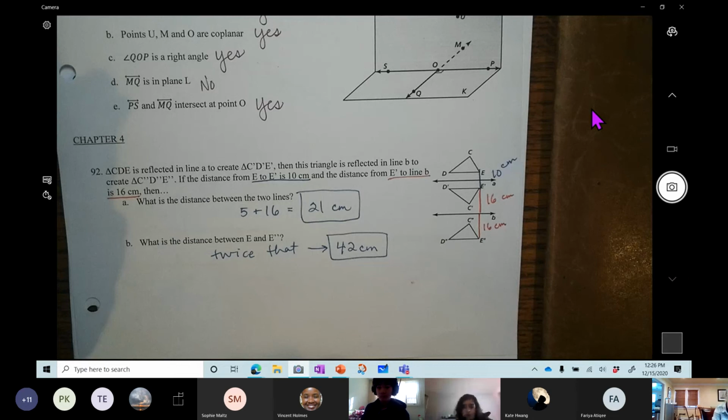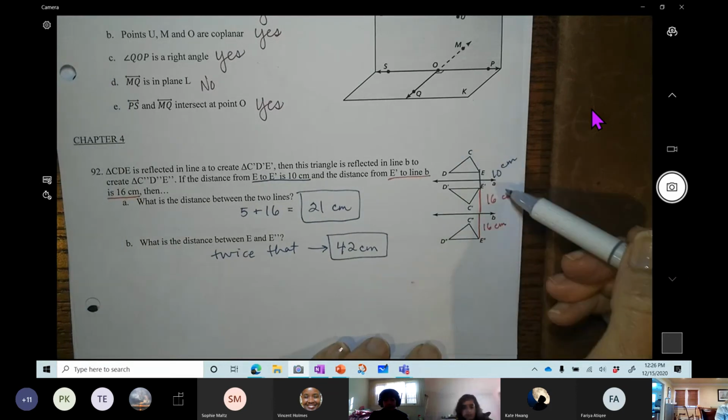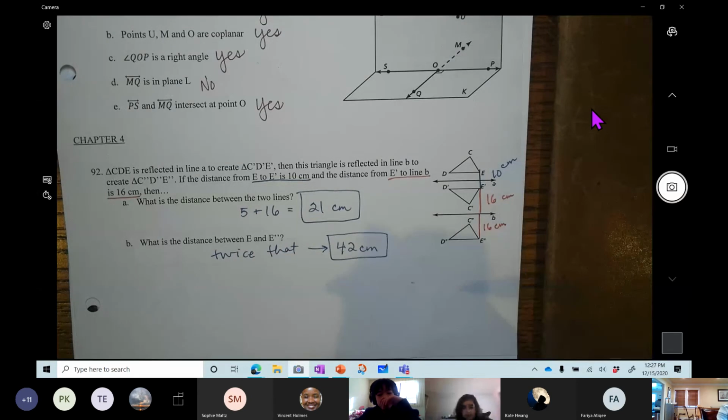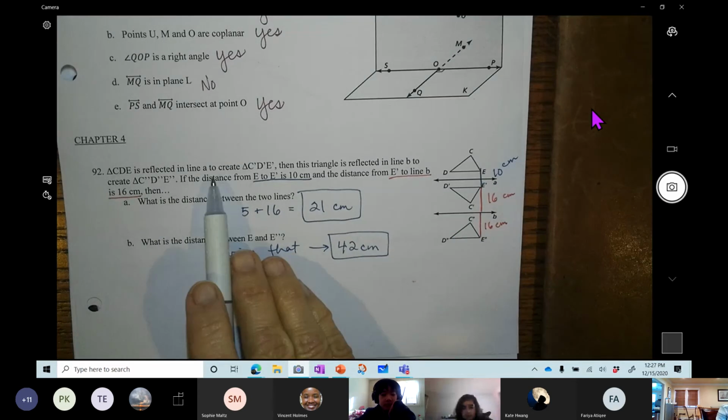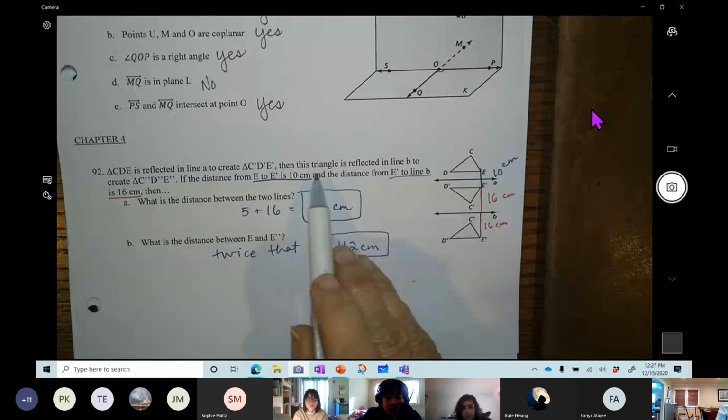If you have an object like CDE and you reflect it across a line like A, then it's going to be the same distance from A on both sides. So it says CDE is reflected in a line to create C prime, D prime, E prime. Then this triangle is reflected in another line to create C double prime, D double prime, E double prime.